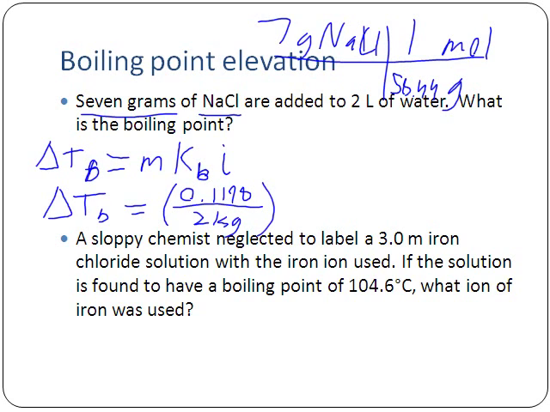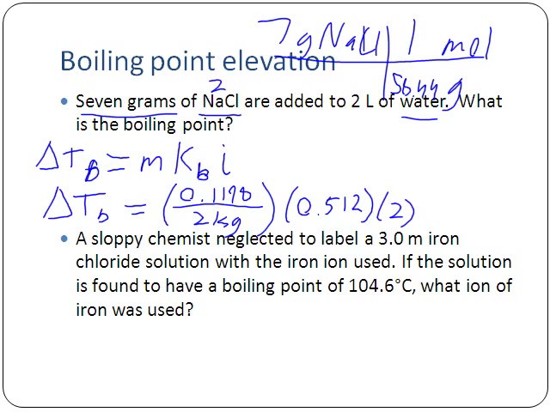Times Kb. Since we are adding this to water, we're going to use the ebullioscopic constant, or the boiling point elevation constant for water, which is 0.512, and then times the number of pieces it wants to break into. NaCl is definitely ionic, and so it's going to break into 1 sodium and 1 chlorine for a total of 2 pieces here. And so we take a 2 right here.